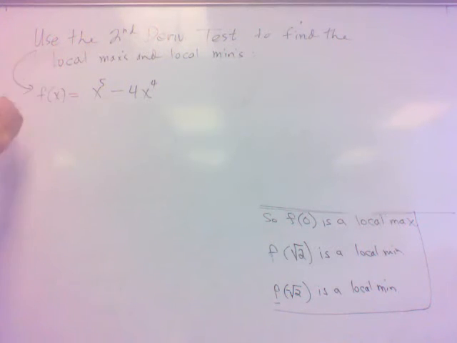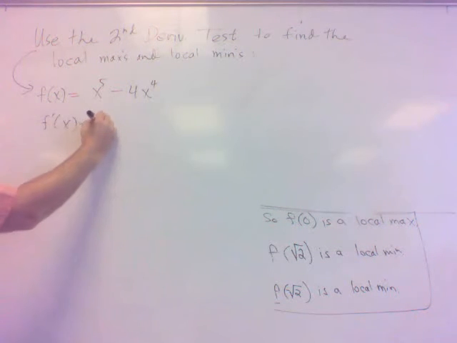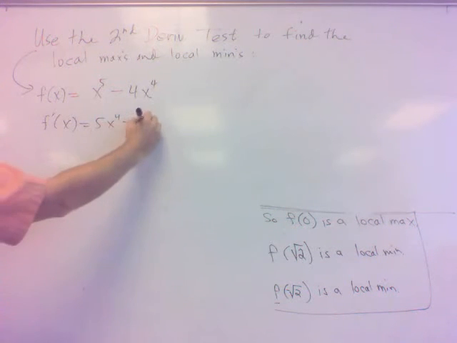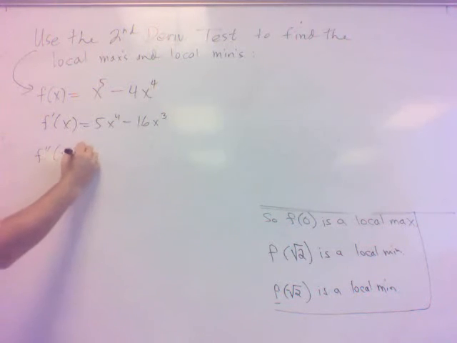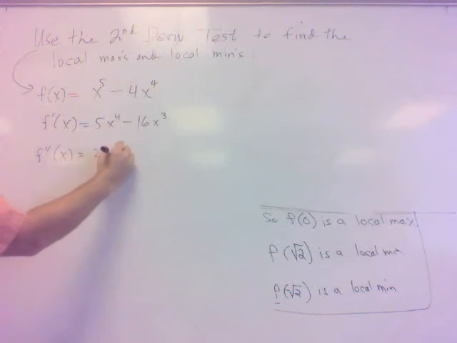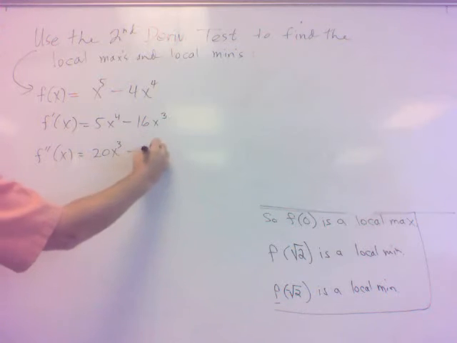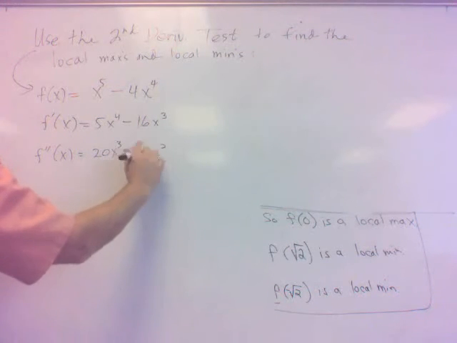Same idea: use the second derivative test to find the local maxes and mins. First derivative would be 5x to the 4th minus 16x cubed. Then the second derivative, for future reference, would be 20x cubed minus 48x squared.